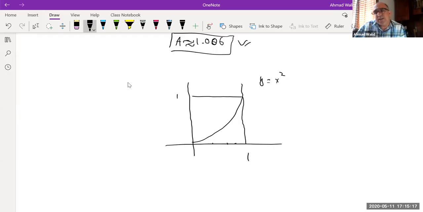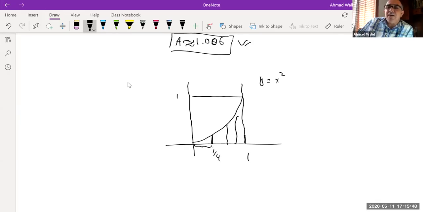Use the midpoint method. What does it mean? I'll just explain it for you. For example, this is my rectangle, the first one. Let's say I divide it to 3 equal pieces because I don't want to change my shape. What is midpoint? I'll try to find the midpoint of this distance. If I divide to 4 equal pieces, this one will be 1/4.